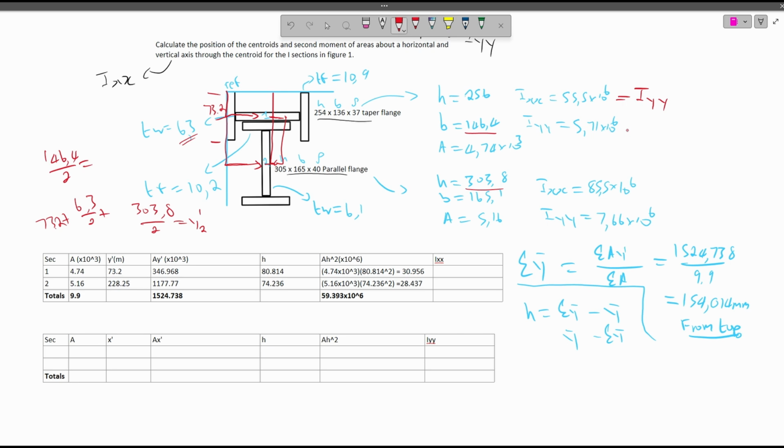And then your Iyy will become your Ixx. For this one, which is shape 2, the shape is in its standard orientation. So this one stays as Ixx and this one stays as Iyy.